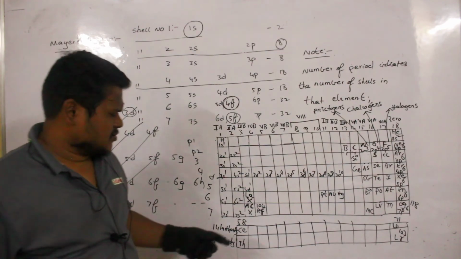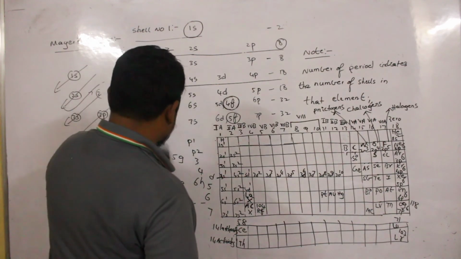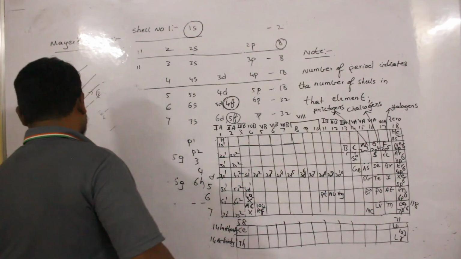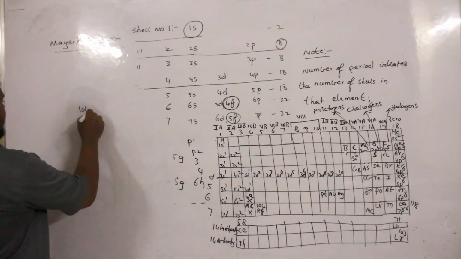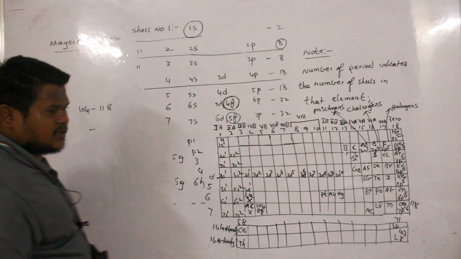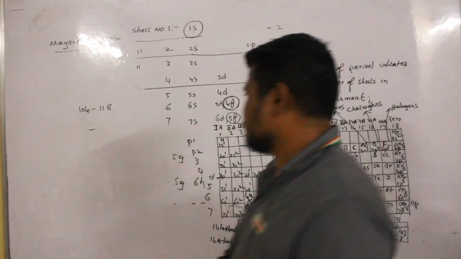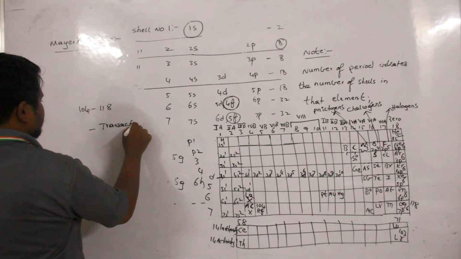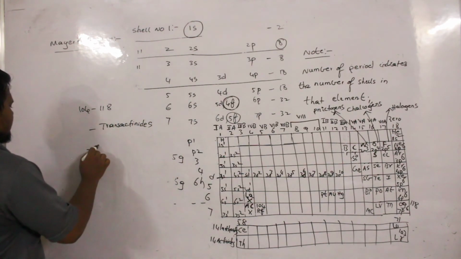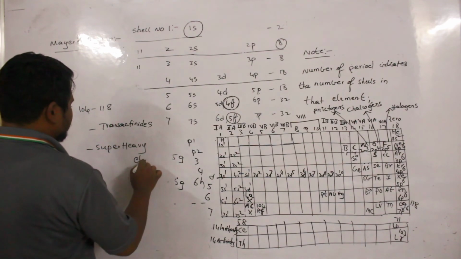So elements from 104 to 118, they are called as what? They are called as transactinides, or you can call them as super heavy elements. Okay?